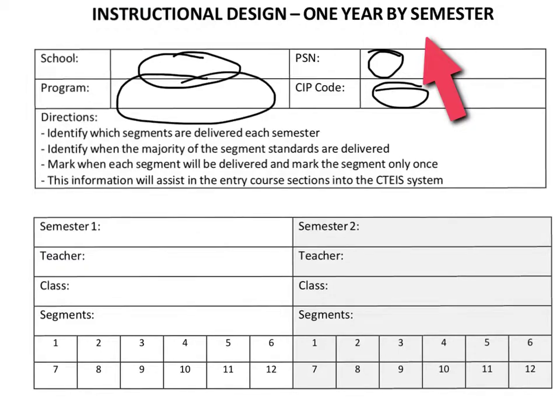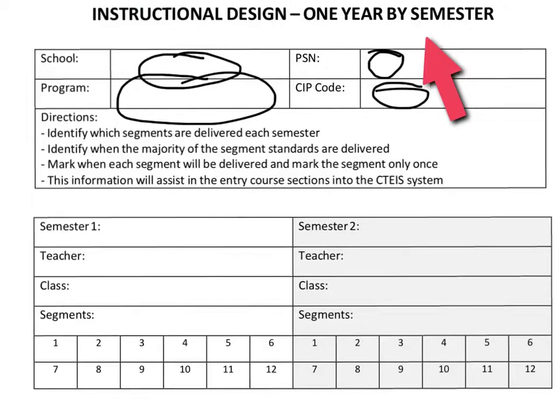That's the simple part. This is a 1 year by semester sheet, but there's also a 1 year by trimesters, a 2 year by semesters, a 2 year by trimesters, a quarters one. All of those you can find on that link that was on the resources page.